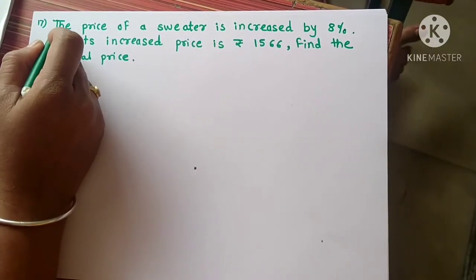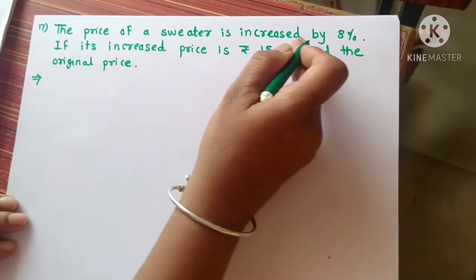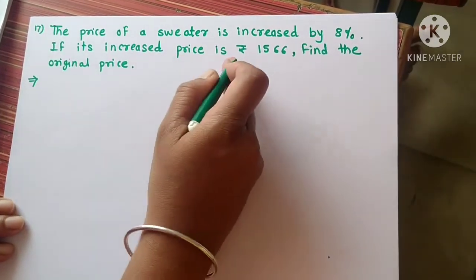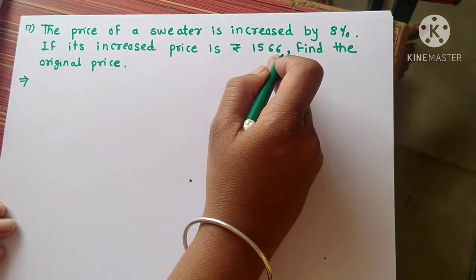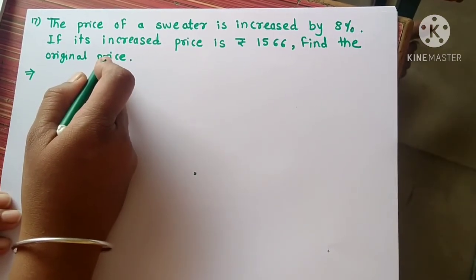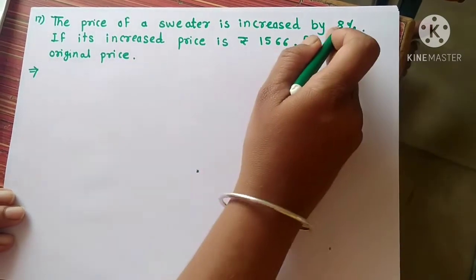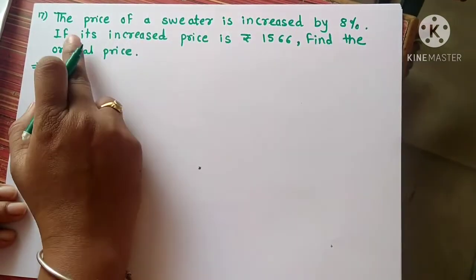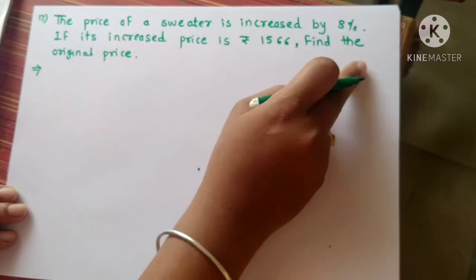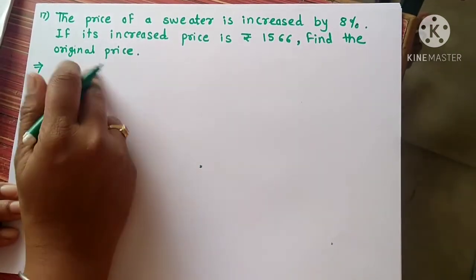Number 17. The price of a sweater is increased by 8%. If its increased price is rupees 1566, find the original price. Here the increased price of the sweater is 8%. Its increased price is 1566 and we have to find out the original price of the sweater.